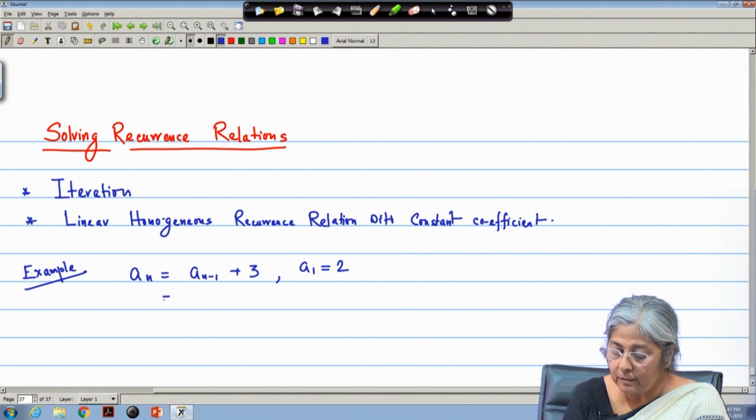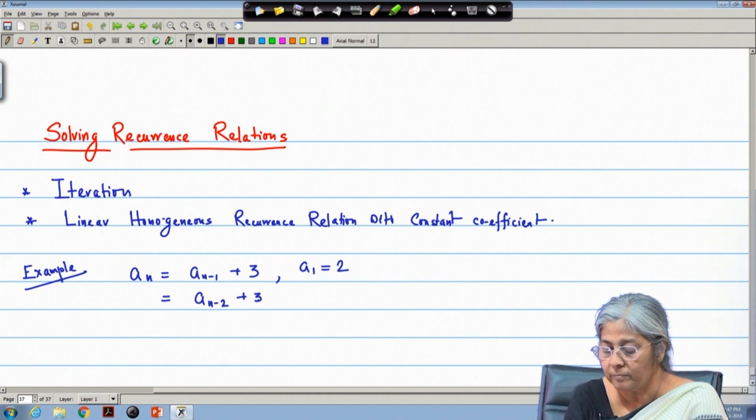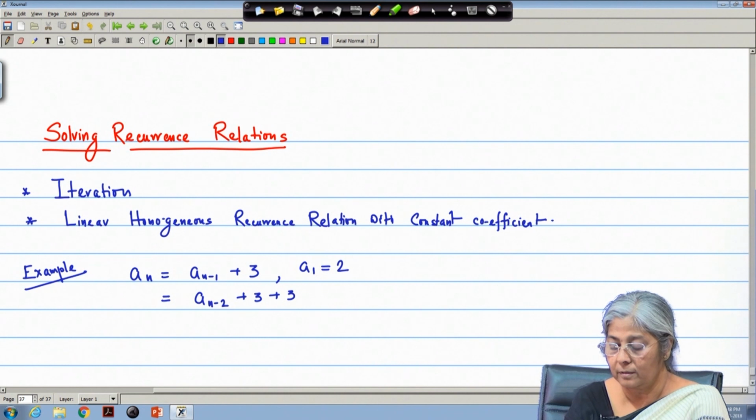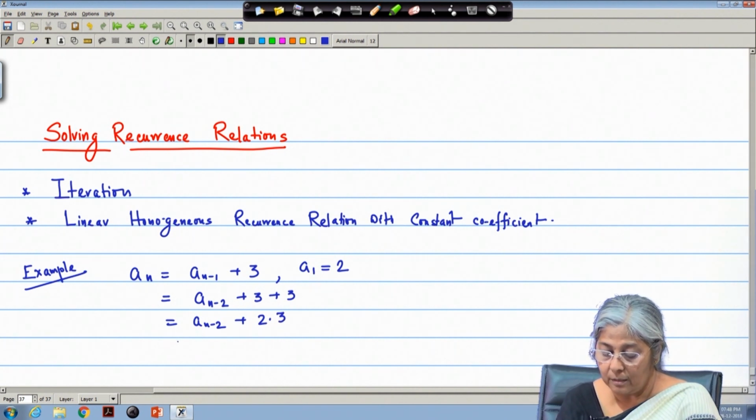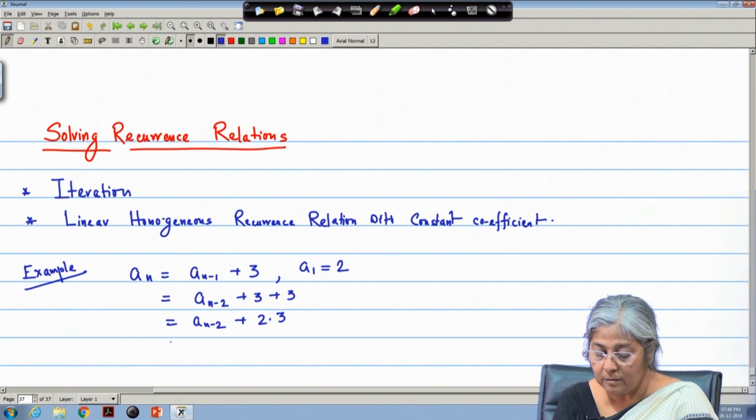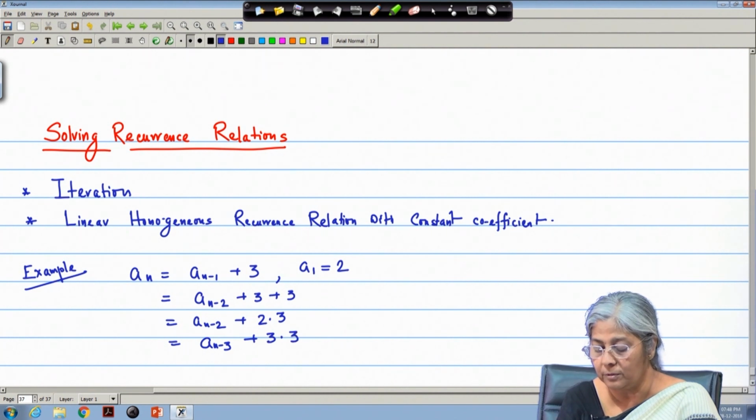I can again replace a_{n-1} by a_{n-2} plus 3. So, I get a_{n-2} plus 2 into 3. Again I can replace a_{n-2} by a_{n-3} plus 3, and so this becomes 3 into 3.